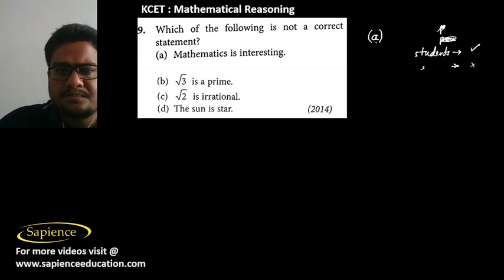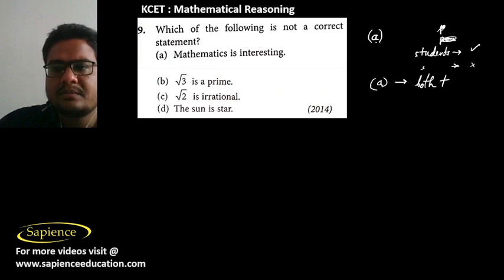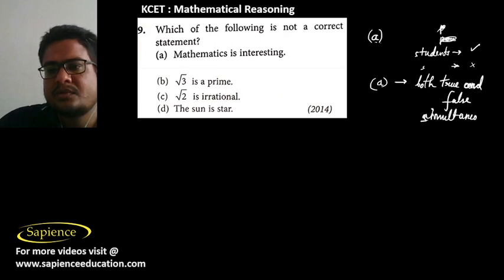So it means that statement A is both true and false simultaneously. So it is not a mathematical statement.